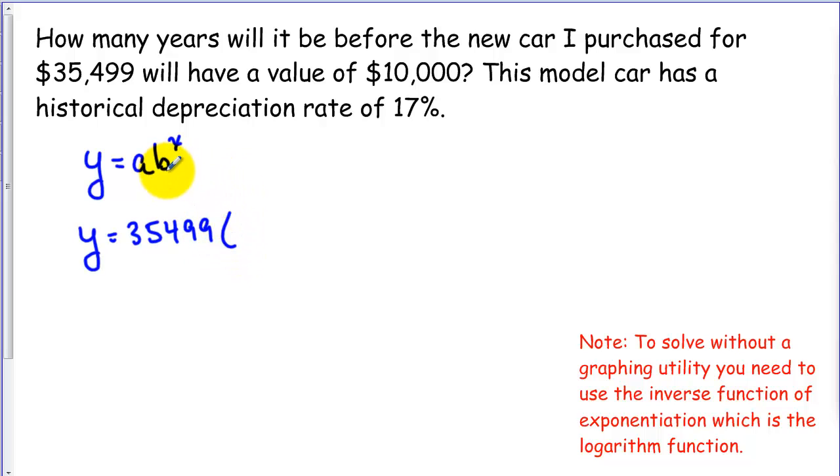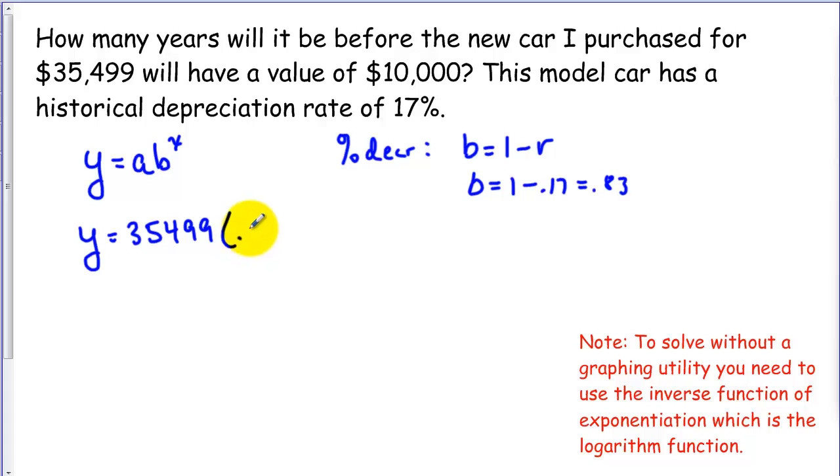And remember, B is a growth or decay factor, and when we're doing percent decrease, we find B by doing 1 minus the rate, where the rate is this number divided by 100. So our B value here is going to be 1 minus 0.17, or 0.83, and to the x. Now that's our model.